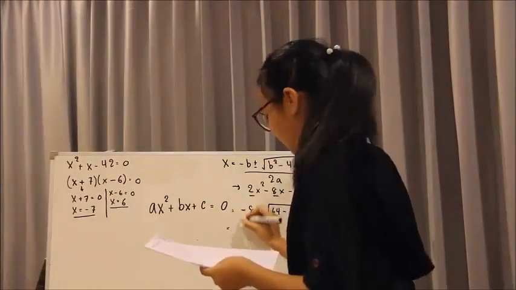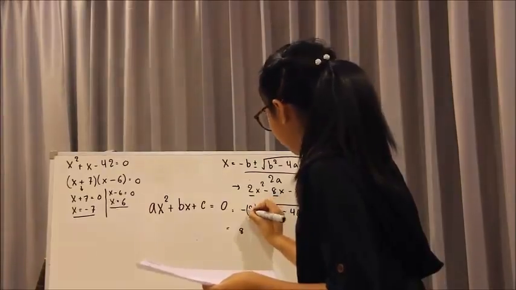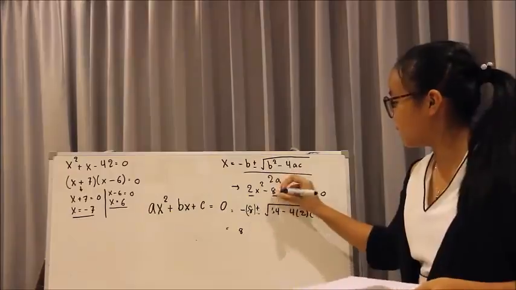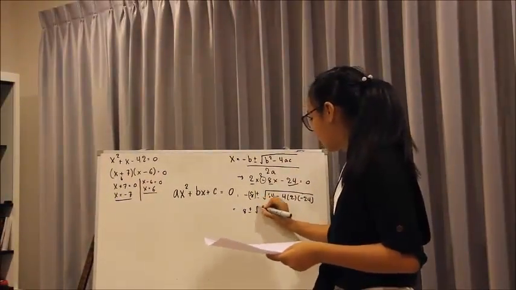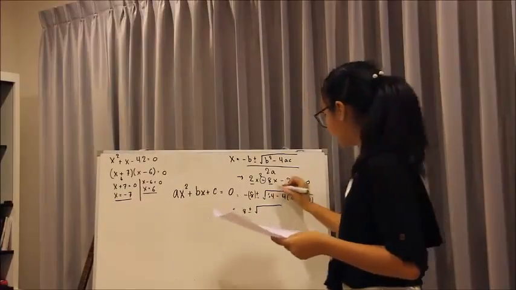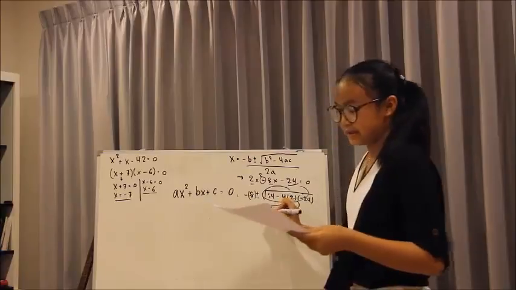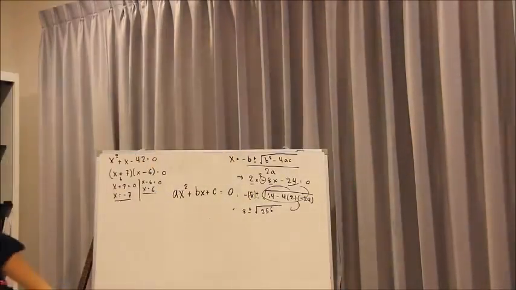Negative times negative equals positive, because right here is negative. So we figure out this part to be 256, and you can easily think that the square root of 256 is going to be 16.